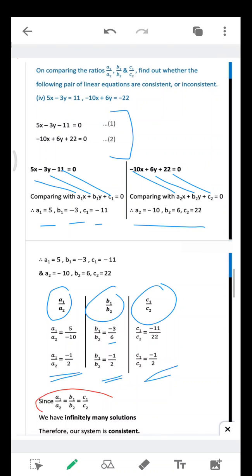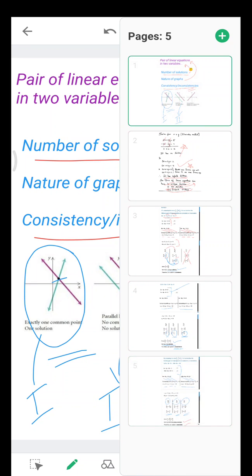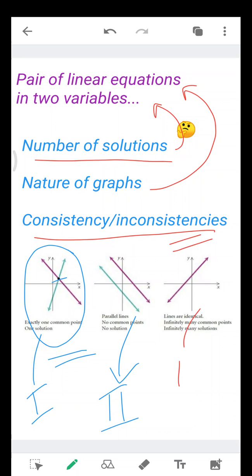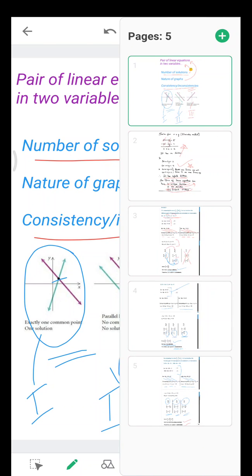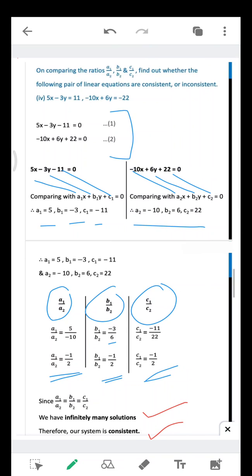So when this condition exists, we say that this type of equations have infinitely many solutions, because these both are nothing but one equation and our system is consistent. When you draw the graph of this, how will the graph be? The lines will be coincident lines, because both the equations are the same. How are they the same? Let's see once more.